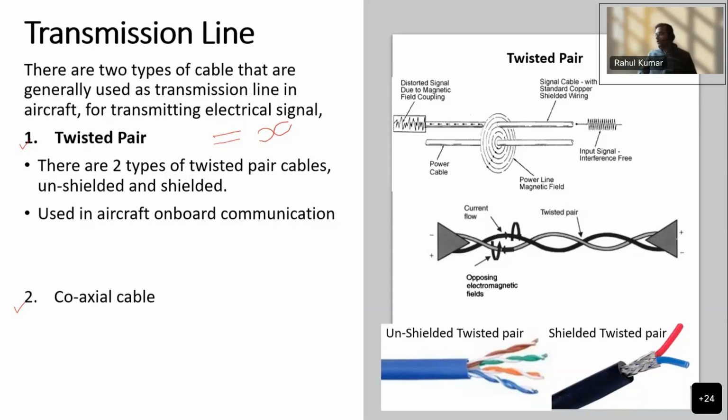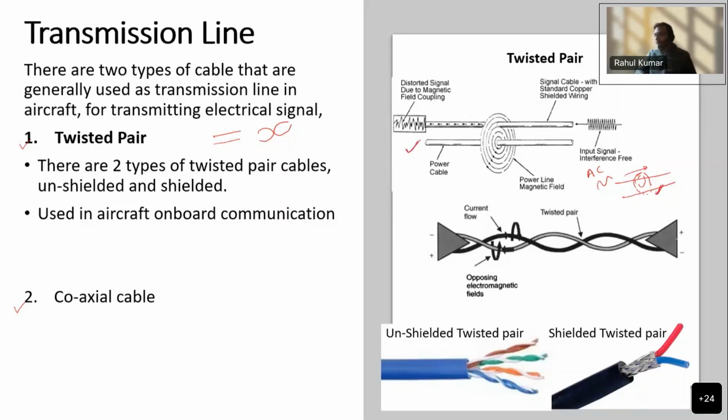Whenever you have any conducting wire connected to alternating current, some electromagnetic field will be produced. And if you have a second wire close to the first wire, this electromagnetic interference will be induced in the second wire also.